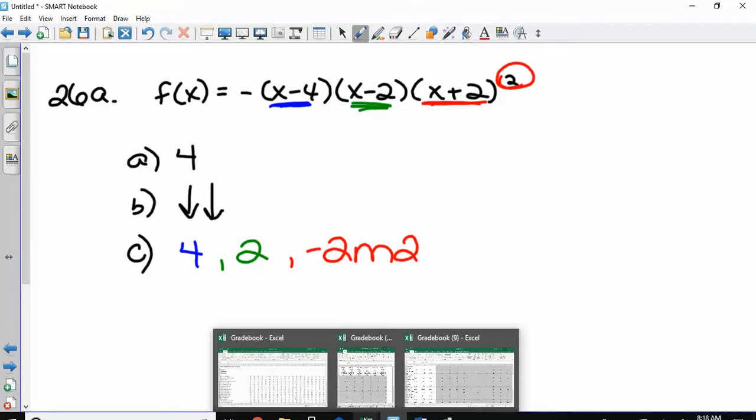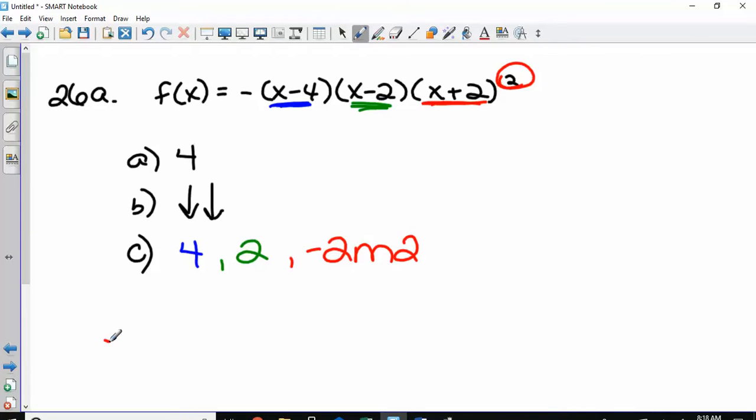Multiplicity is like your exponent. Notice my degree was 4, that means there should be 4 zeros. And I got 4, 2, and negative 2 twice, so I got all 4 zeros. So the degree and the number of zeros you have should match.